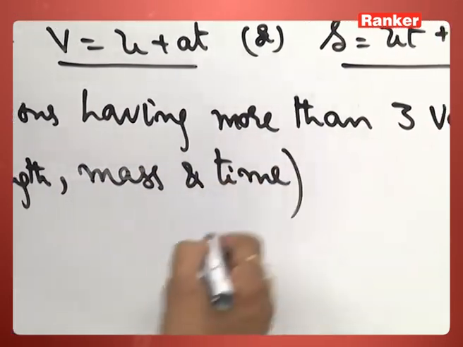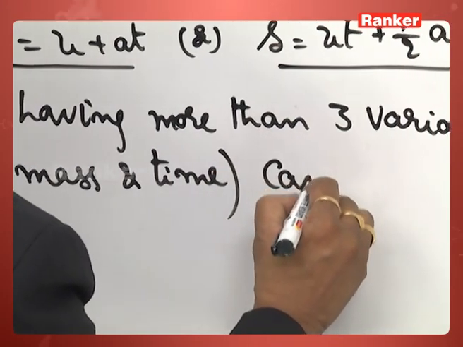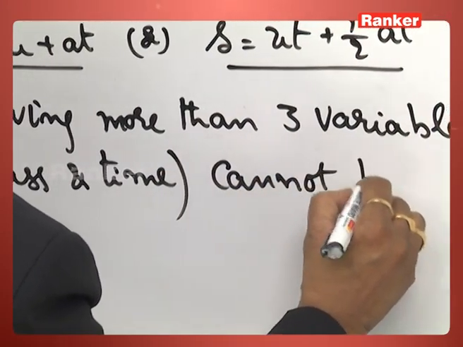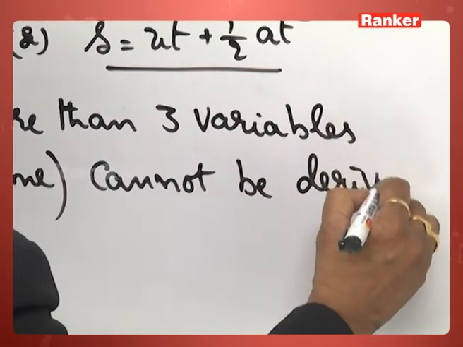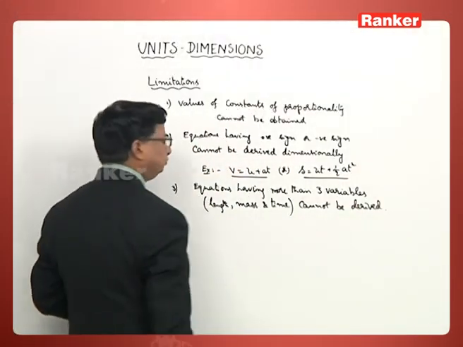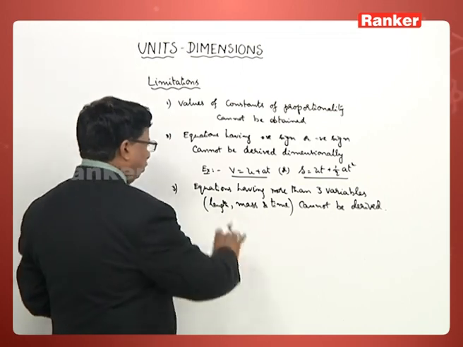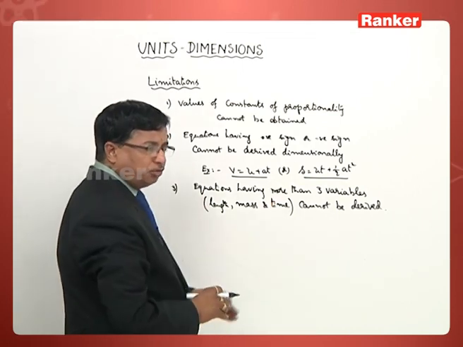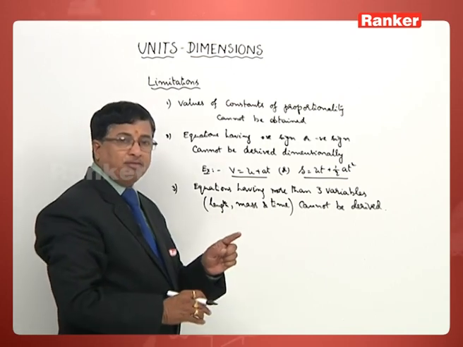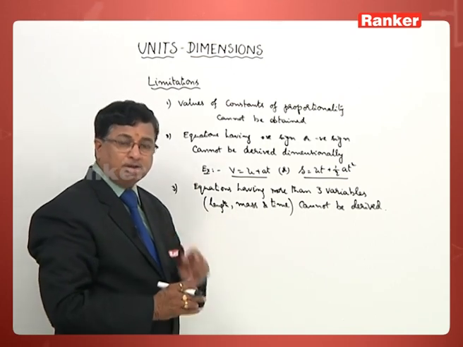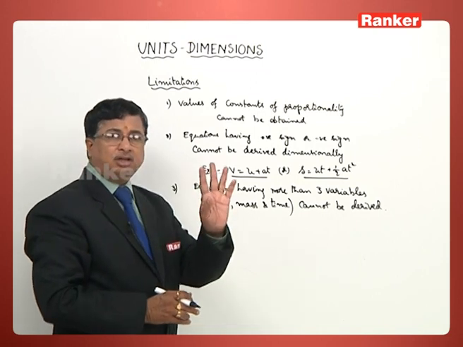More than 3 variables cannot be derived dimensionally. You cannot obtain using dimensional analysis equations having more than 3 variables like mass, length and time.